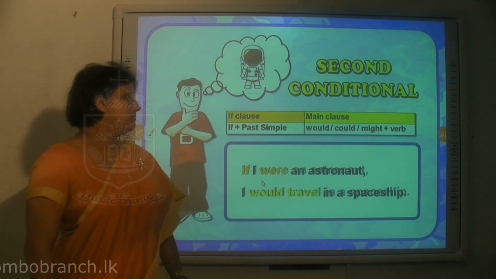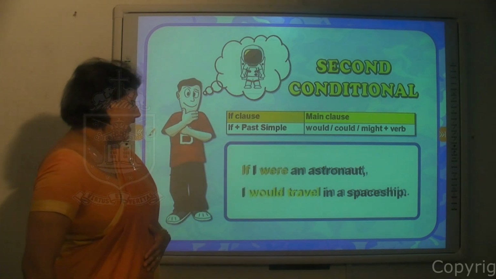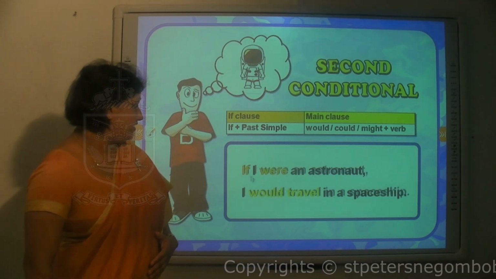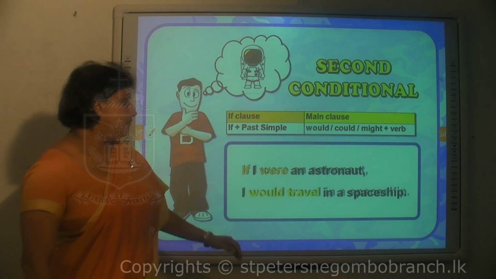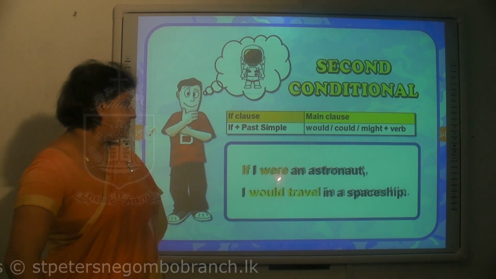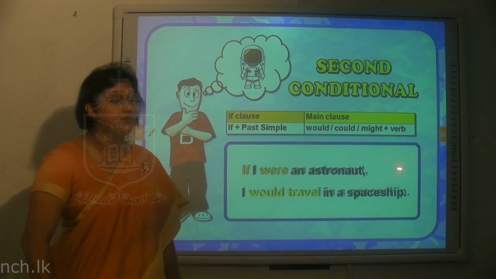If I were an astronaut, I would travel to spaceship. Now here, the word were is given in simple past tense. And then I would travel.